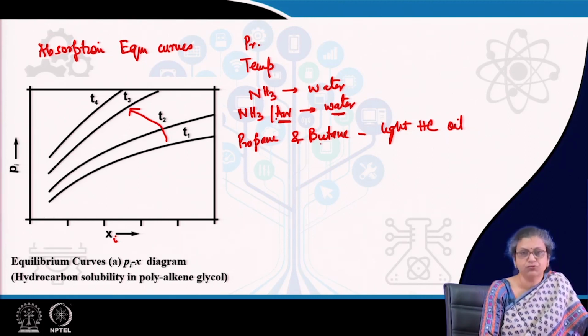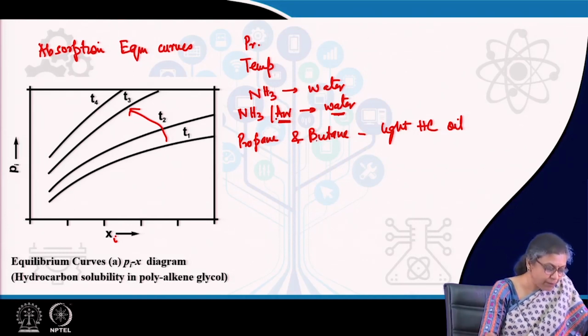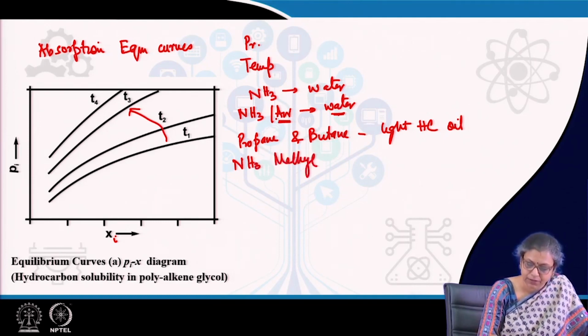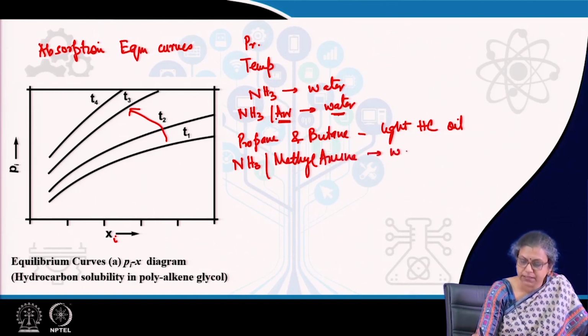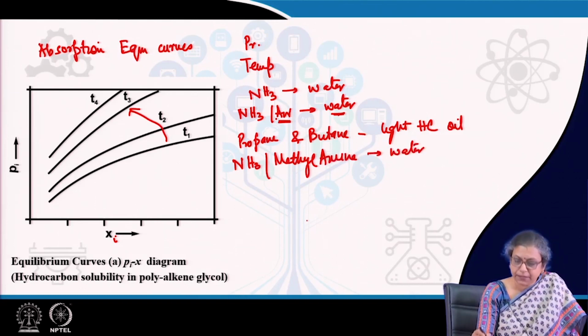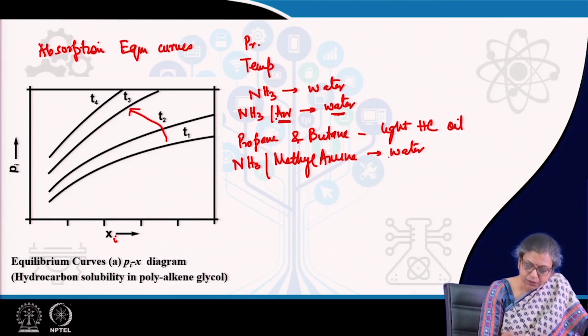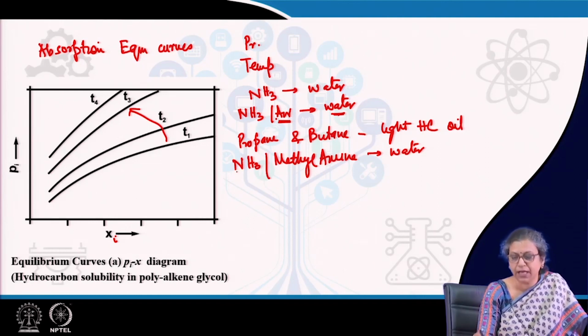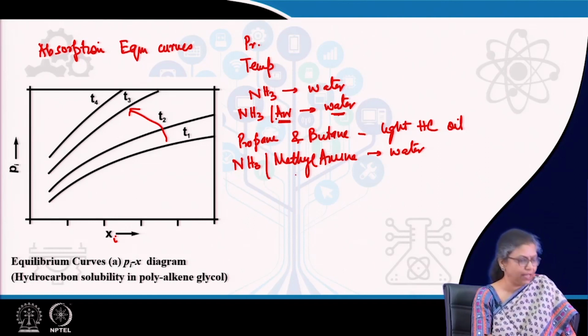The same thing is also true for butane. But suppose we have a mixture of ammonia and, say, methylamine, and I am absorbing it in water. In this particular case, the equilibrium curve generated for ammonia or ammonia air is not going to be applicable for absorption of ammonia in water in presence of methylamine.